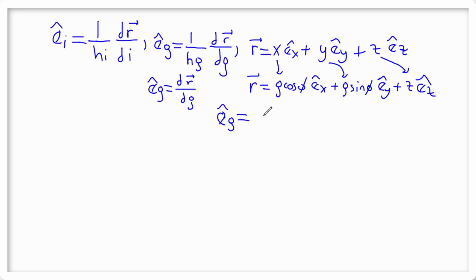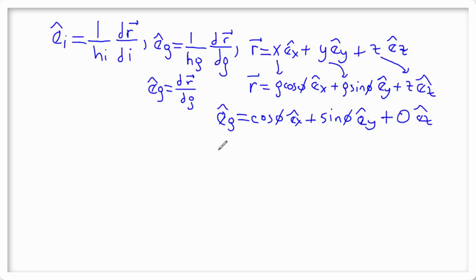If I take the derivative with respect to rho, rho goes, only cos phi ex remains. Then here again rho goes, sin phi ey remains. Since z does not depend on rho, the derivative of z with respect to rho is written as 0 times ez.